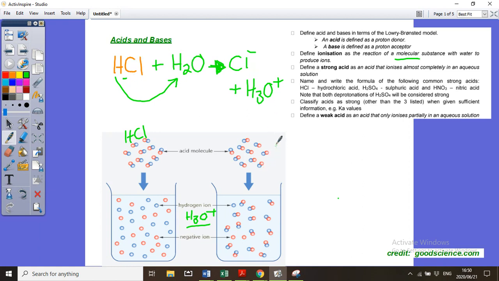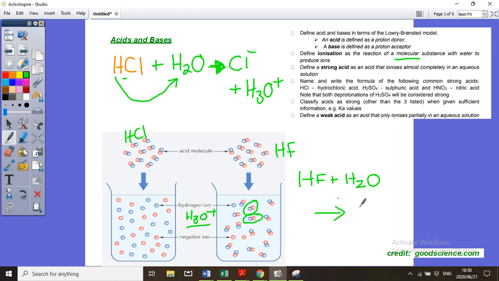But if I look at a weak acid, for instance HF, some of the HF molecules will still be intact. You can see here in the particle diagram, and be careful in a multiple choice question, look out for that. They are still intact, and some of them have ionized. When I write this reaction, I would write HF plus H2O exactly the same as for the HCl.